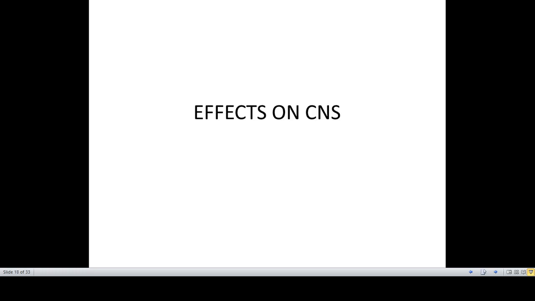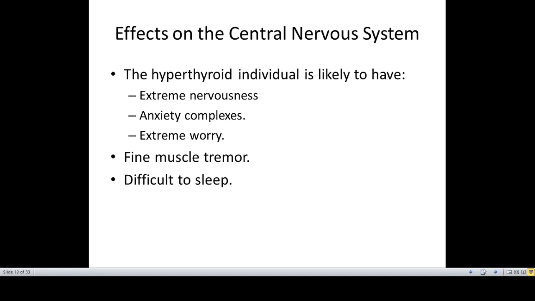The effects on the central nervous system include an increase in nervousness, anxiety complexes, and worry in individuals who have increased thyroid hormone levels.